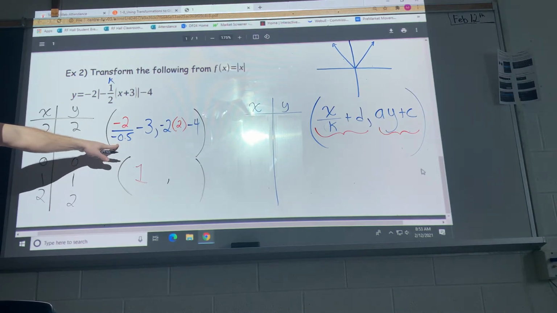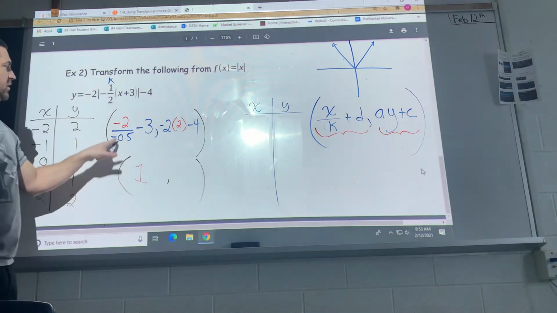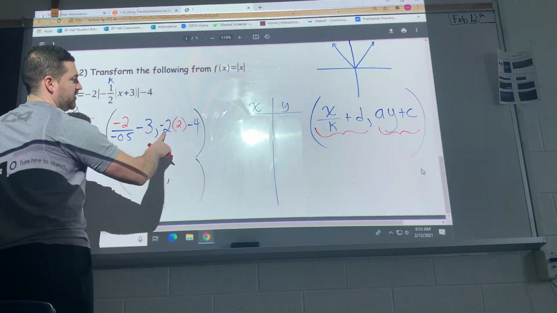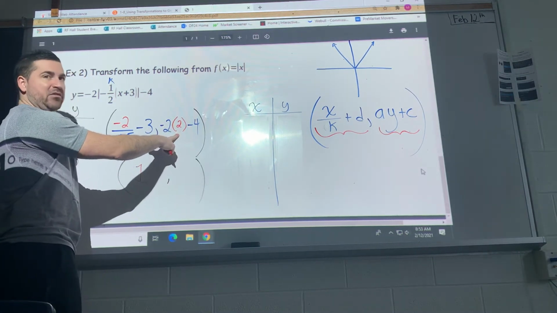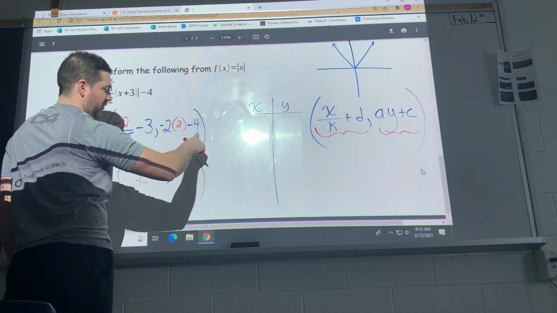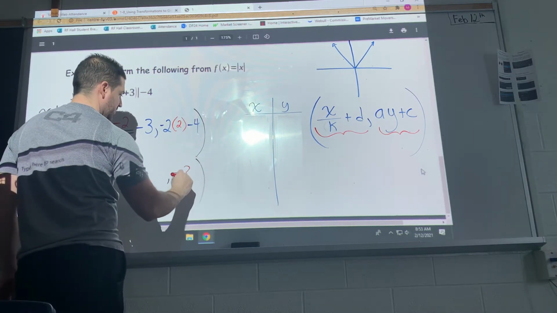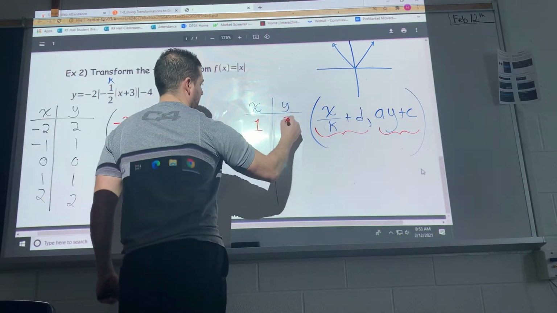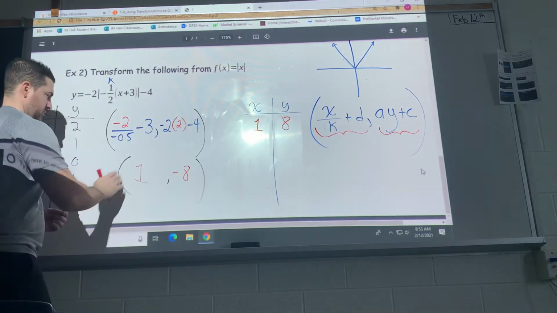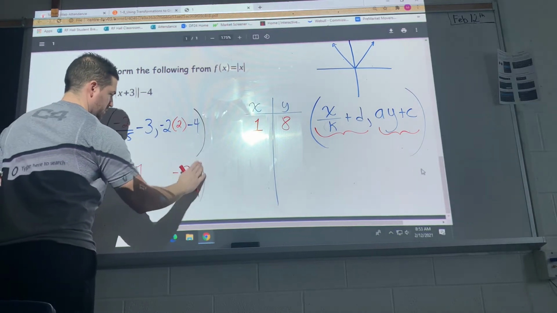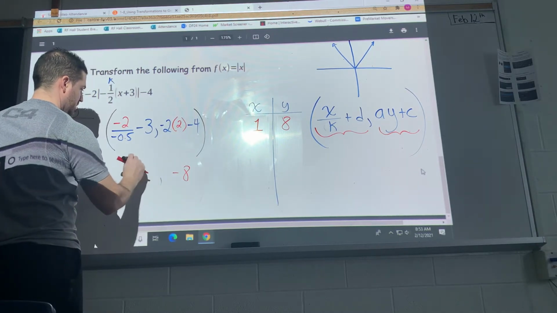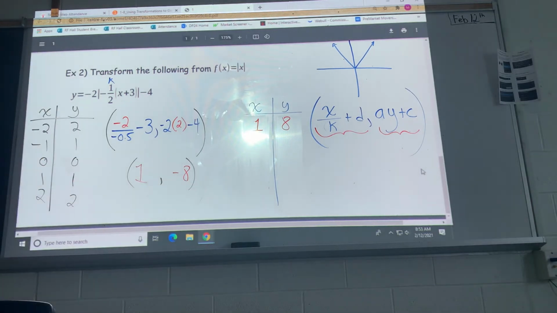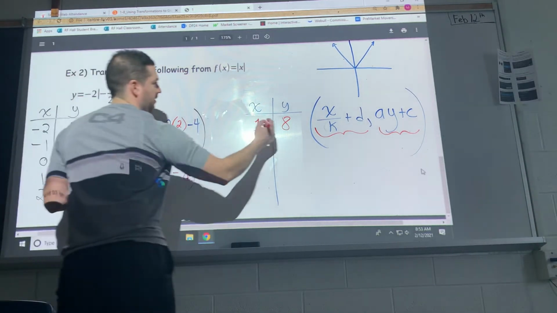So a half, there's 4 halves in 2. So it's 4, minus 3 is 1. And lastly, -2 times 2 is -4. Subtract another 4 gives you -8. So our first value is 1 and -8.